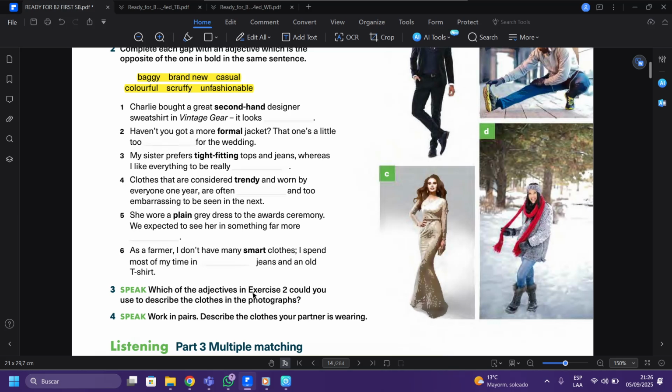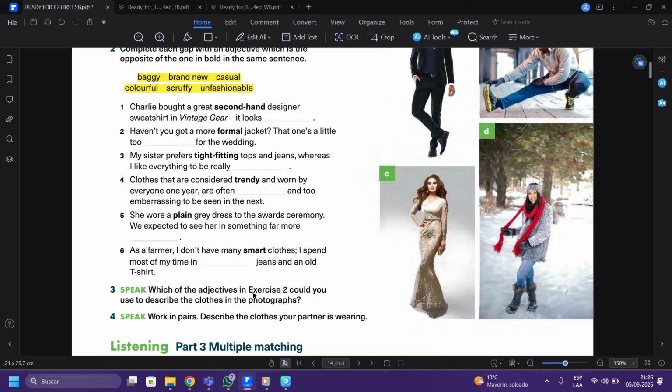Okay. When I was young, I used to wear colorful clothes. But now, in my job, for example, I use casual clothes, but not baggy clothes. What did you like the most? Formal clothes or casual clothes?